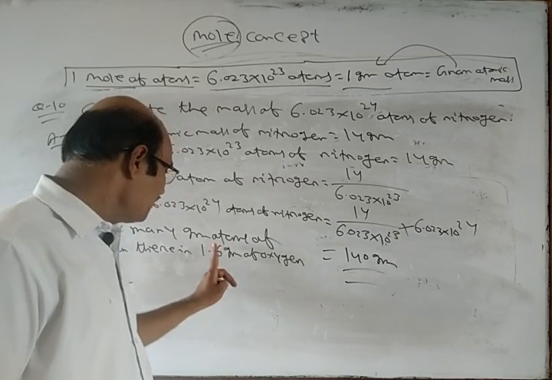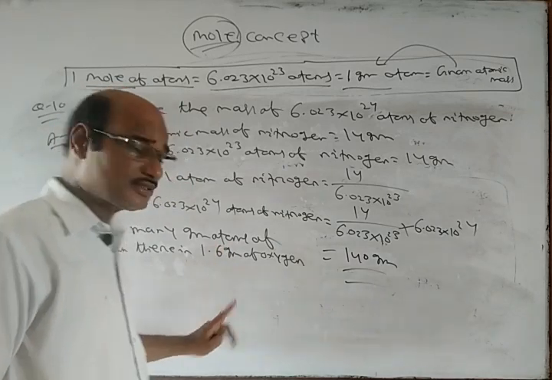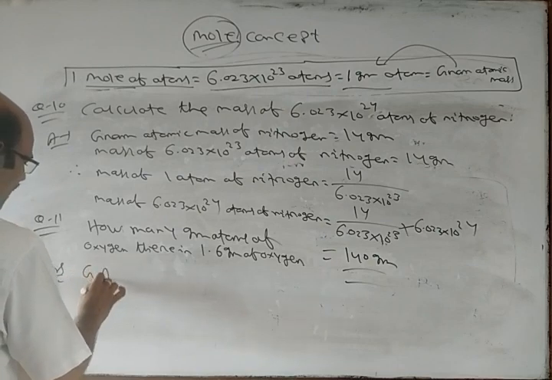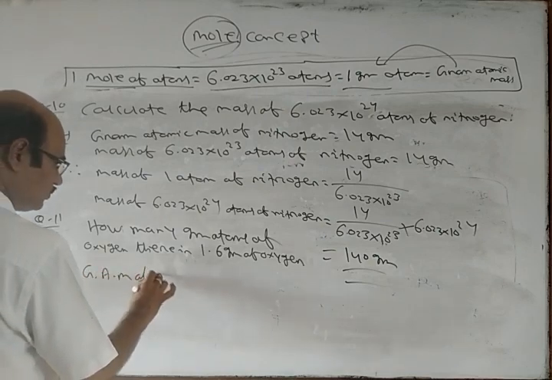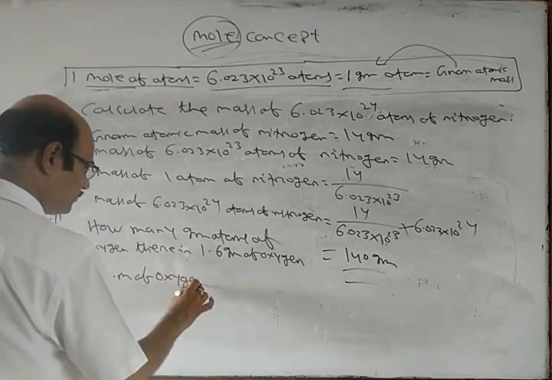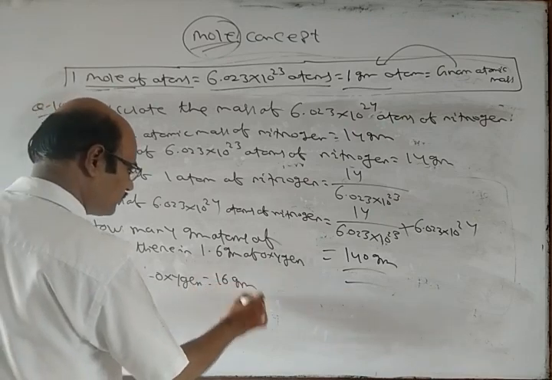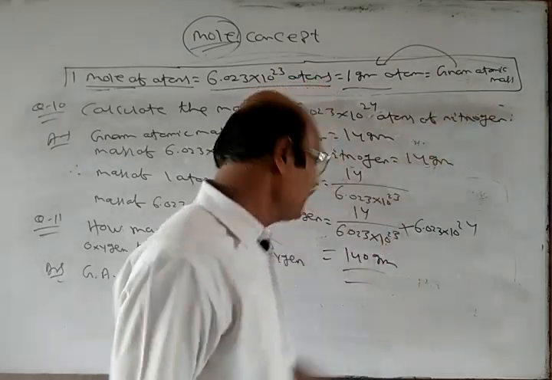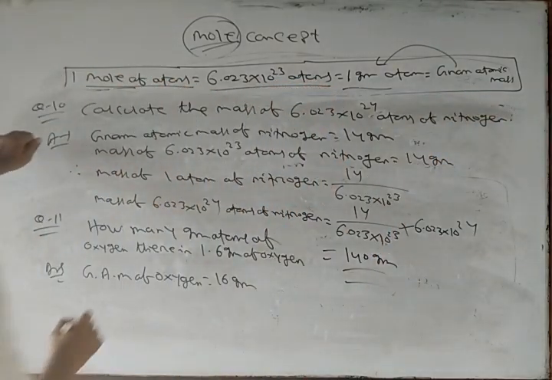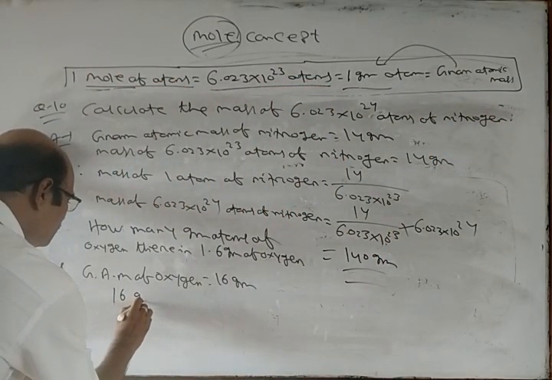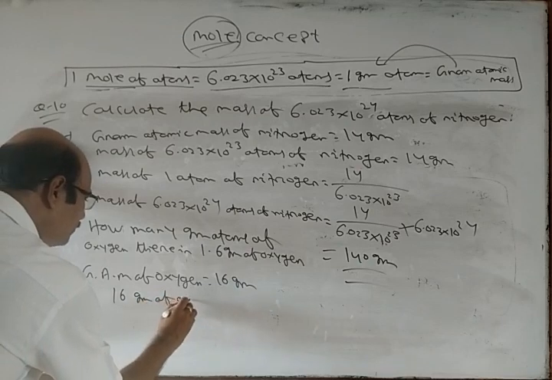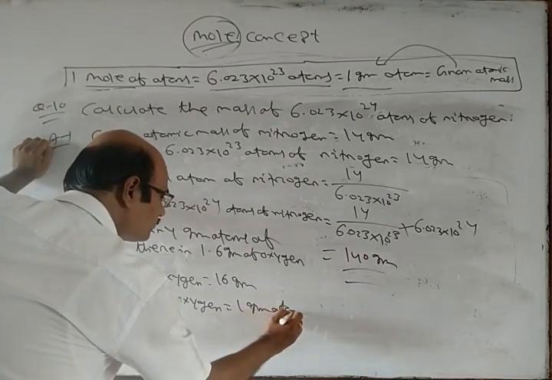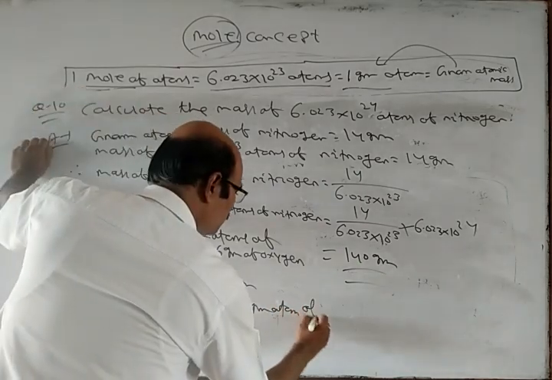So because the atom is given here, so I will take the atomic mass, the gram atomic mass. So gram atomic mass of oxygen equal what? 16 gram. So here we have seen 1 gram atom equal to gram atomic mass. So what I write here? Now 16 gram of oxygen is equal to 1 gram atom of oxygen.